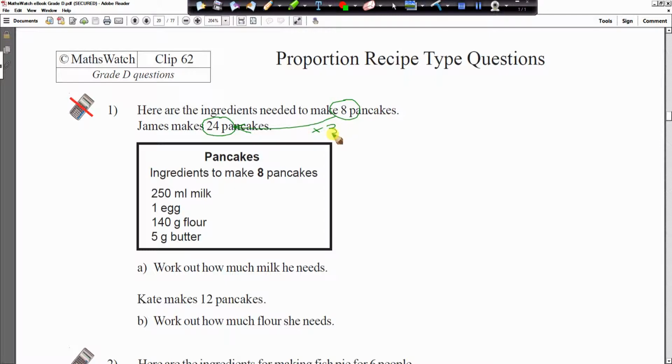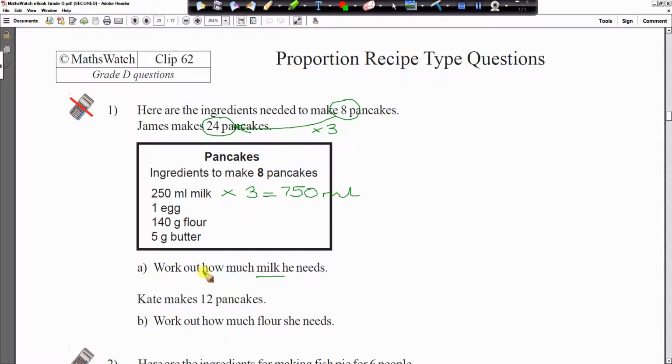If we're going to make 3 times the number of pancakes, then we will need 3 times the ingredients. It says to work out how much milk he needs. Well, he will need 3 times the amount of milk. So what we do here, we multiply it by 3. And that will give us the answer.